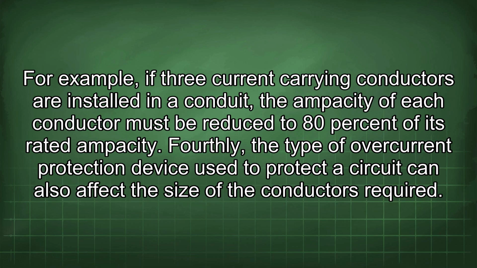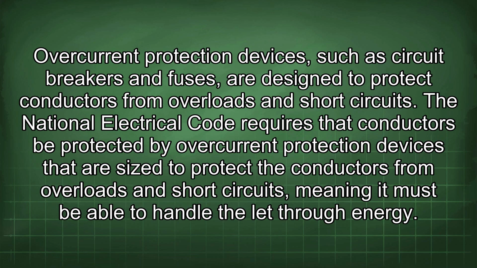Fourthly, the type of overcurrent protection device used to protect a circuit can also affect the size of the conductors required. Overcurrent protection devices, such as circuit breakers and fuses, are designed to protect conductors from overloads and short circuits.